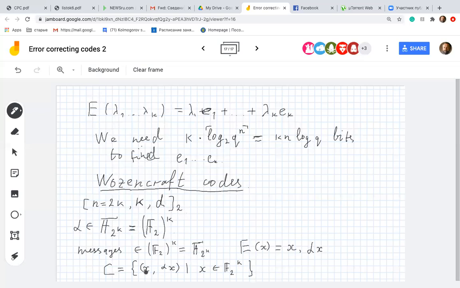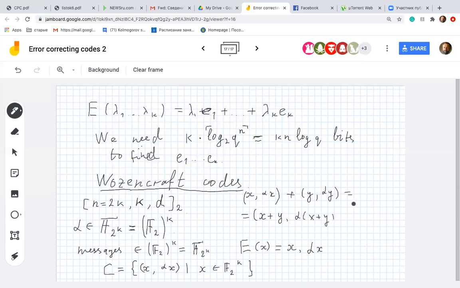So if we have 2 code words, x, alpha x and y, alpha y, then the sum of those 2 code words is again a code word, which corresponds to x plus y, comma, alpha times x plus y.